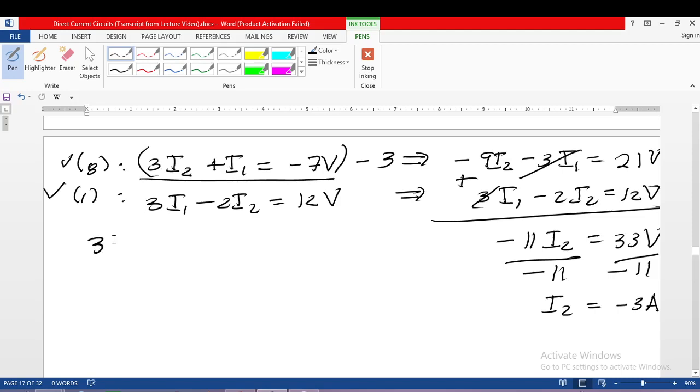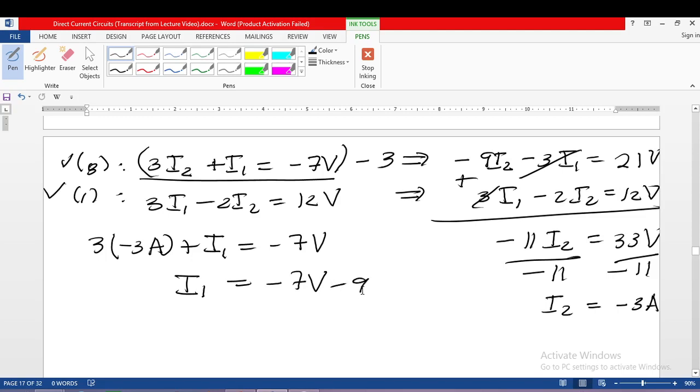So we have 3 times negative 3 ampere because your I2 is negative 3, plus I1 is negative 7 volts. Then we have here I1. I will just put it because we have negative 7 volts minus 9 amperes. So we have here plus 9 ampere then. So 9 minus 7 is 2 amperes.